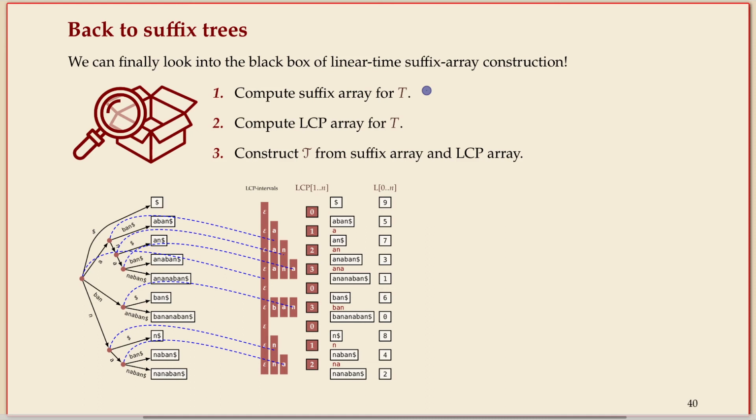It took us the better half of today and a bit of build up before to go through the algorithm, but the DC3 algorithm shows you how to do this in linear time. We've seen Kasai's algorithm for the LCP array just now, still linear time. And from those two, you can actually figure out the suffix tree using this idea of LCP intervals. I haven't shown you the details.